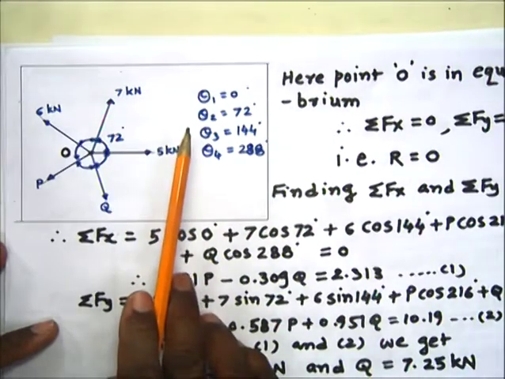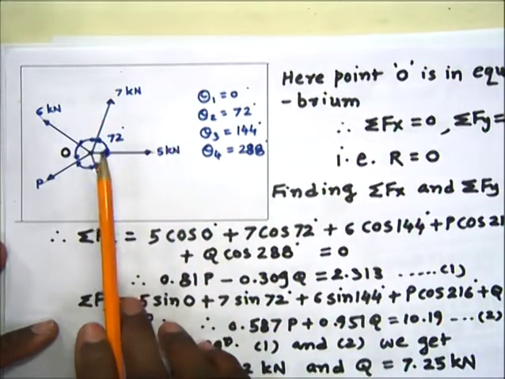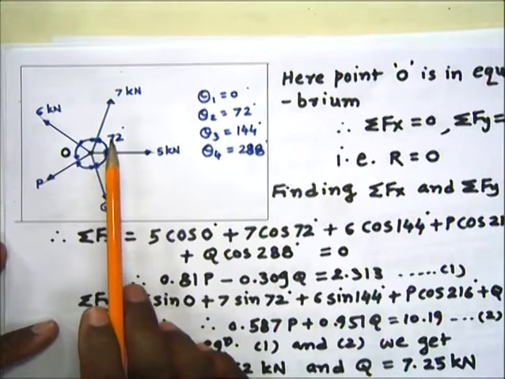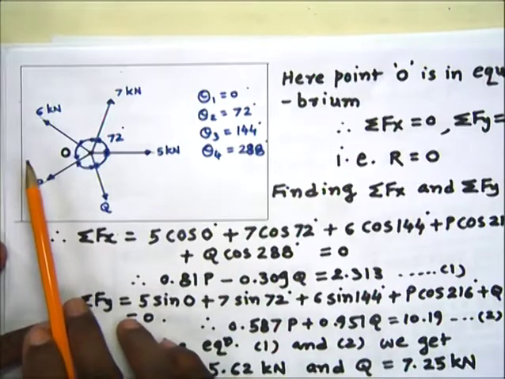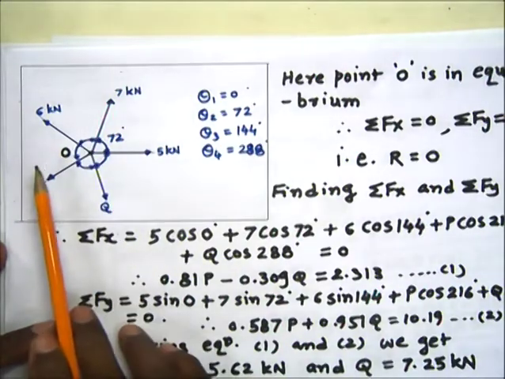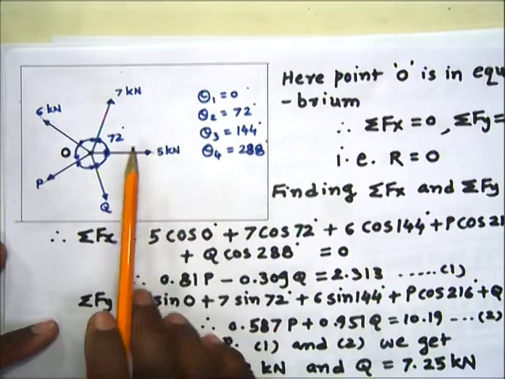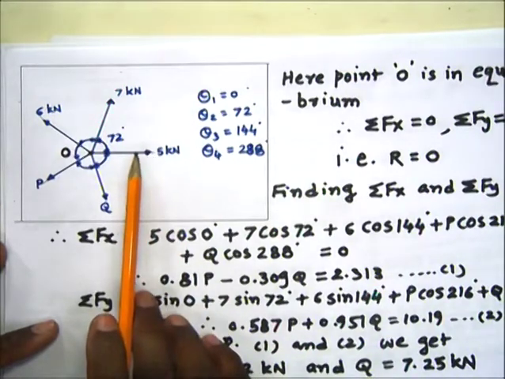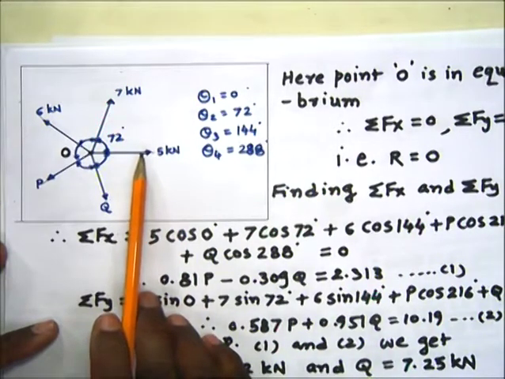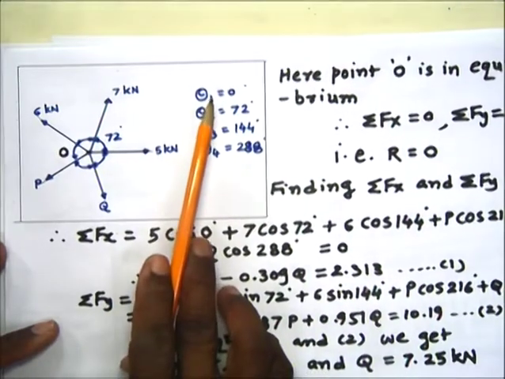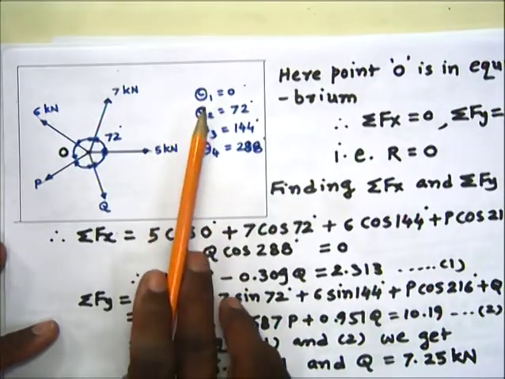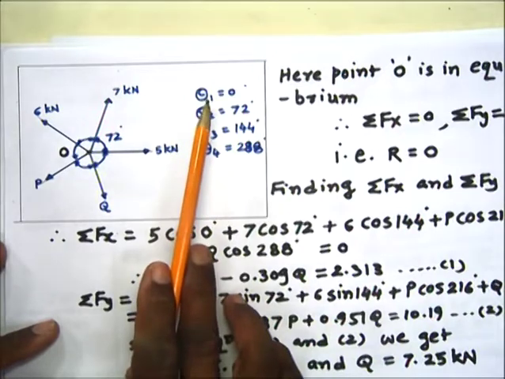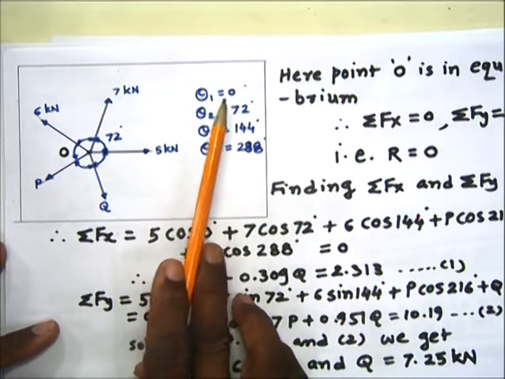It will be easy to solve this problem by taking all the angles with respect to the positive x-axis, not separately with the positive or negative x-axis. Considering the line of action of the 5 kN force as the positive x-axis, its angle theta 1 is 0.